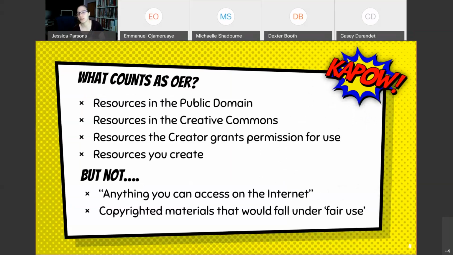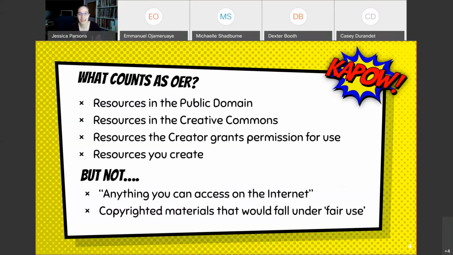So when we start to talk about open educational resources, this is a very broad topic, like we just discussed. So the idea is, what counts as OER? What can we stick a pin in and say, okay, I can identify this as openly licensed open educational resources? Well, of course, there's everything that's inside of the public domain.